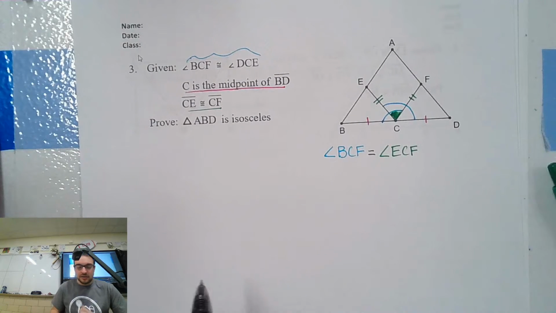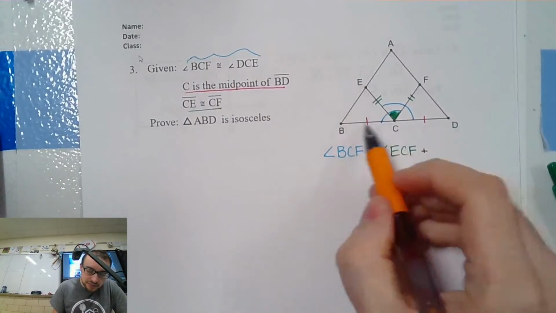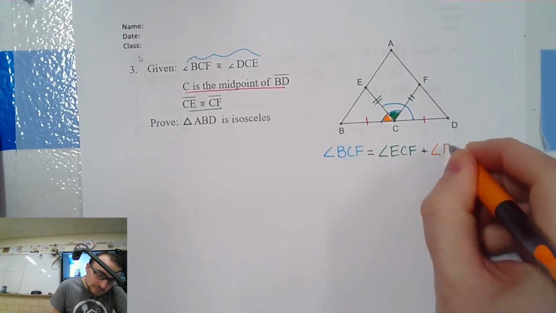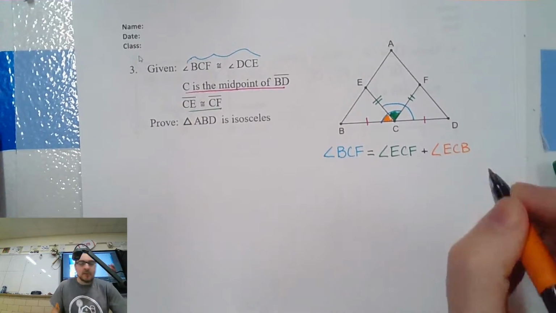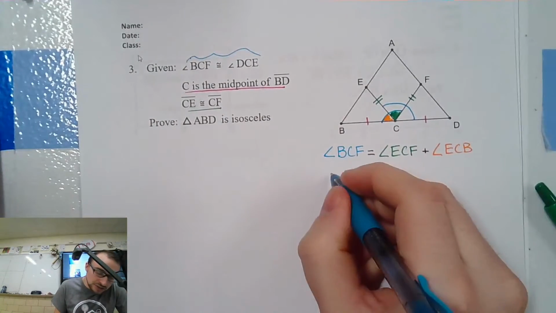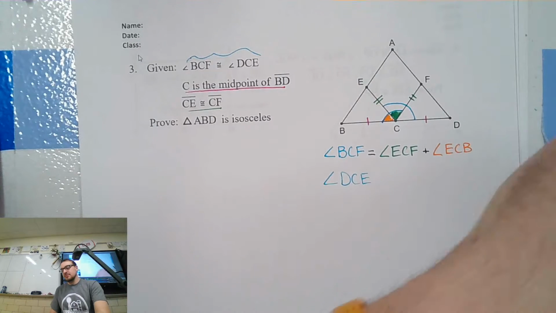And what's the other angle it's made up of? ECB. Right. I'll make that orange. Now remember, color means that they're congruent. So when I write angle DCE, the other blue angle, that means it's congruent to BCF, right? And that was given to us.